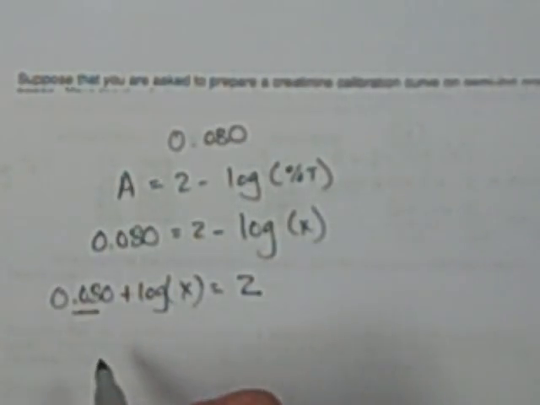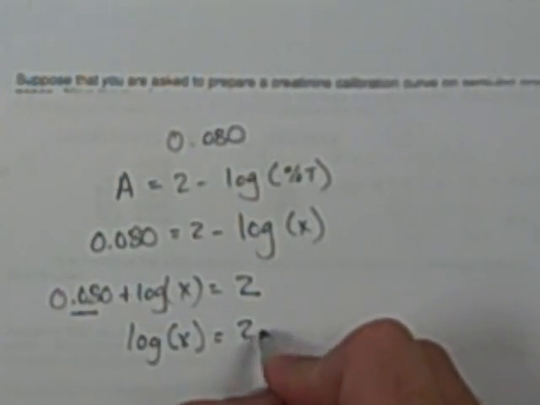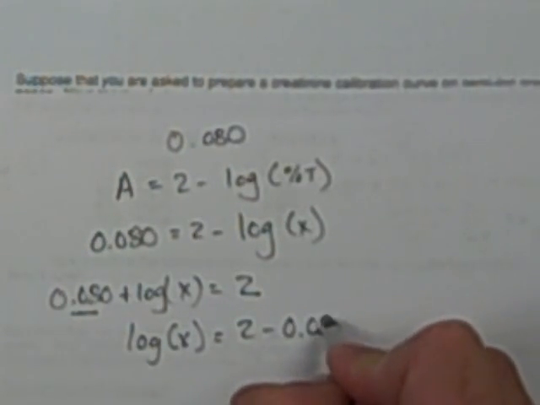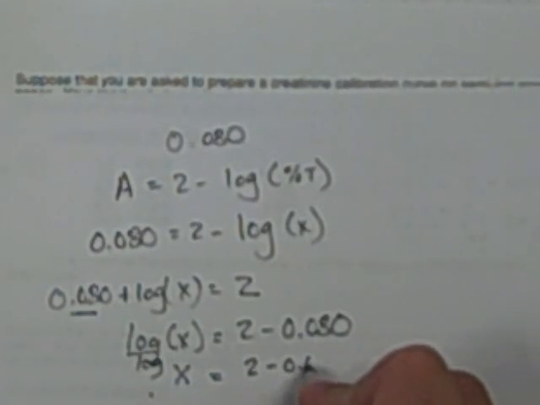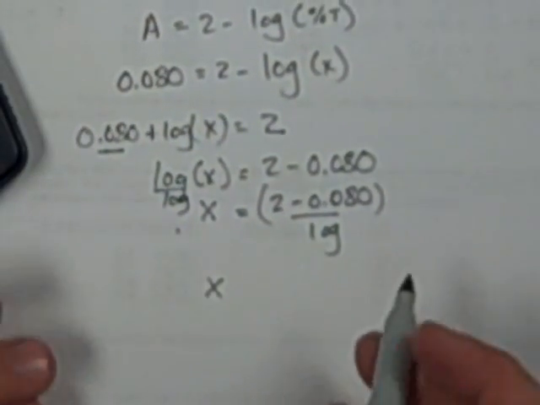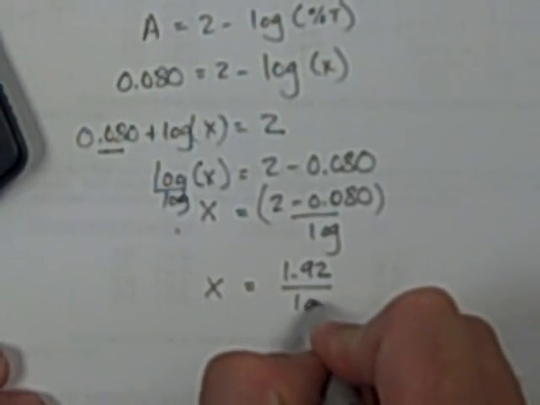I need to get this on the other side, so log of x is equal to 2 minus 0.080. I get rid of the log by dividing it out, and I have x equals 2 minus 0.080 over log. I want to make sure I do that math first. So 2 minus 0.080, x is equal to 1.92 over log.